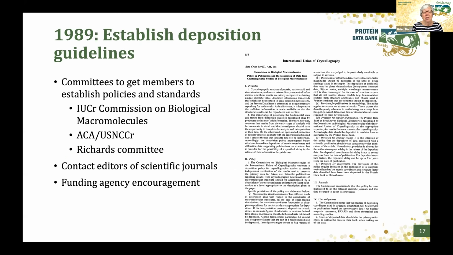And various committees were set up, including by the IUCr, to figure out what that really means. There was also very active involvement by the journals and discussions with the journals, and the funding agencies were enormously encouraging in this effort.